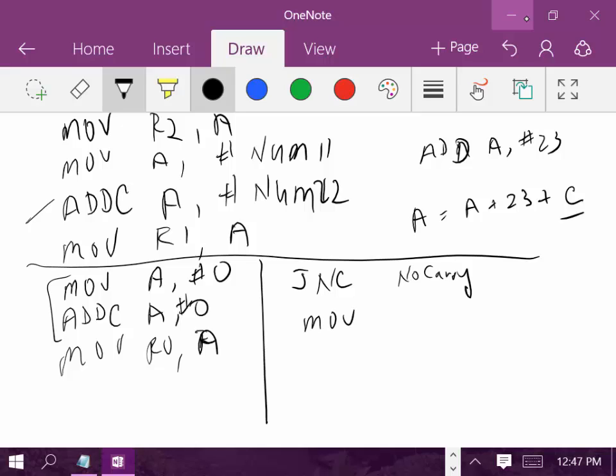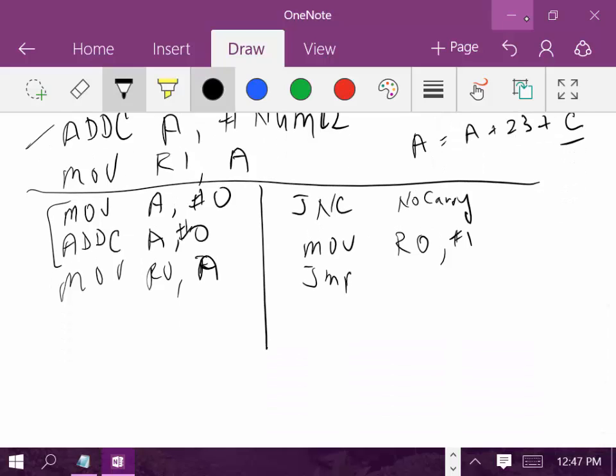Otherwise, we move to R0 a 1 right there, and then do a jump back to main right there. Otherwise, we have our no carry label right there. And here we do a move to R0 a 0 and then jump to main right there. So we could do it either way.